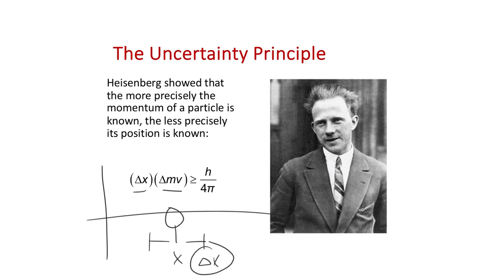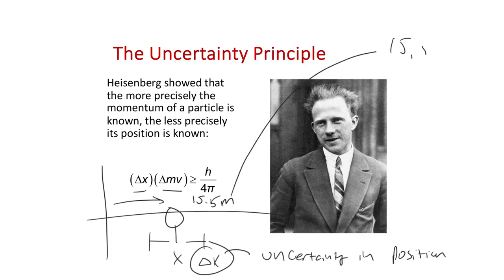It's how precisely do you know where that particle is. If you knew the position was, let's say, 15.5 meters down from where the baseball was thrown, the plus minus on that value is the uncertainty. So it's not the position itself, but it's the plus minus.